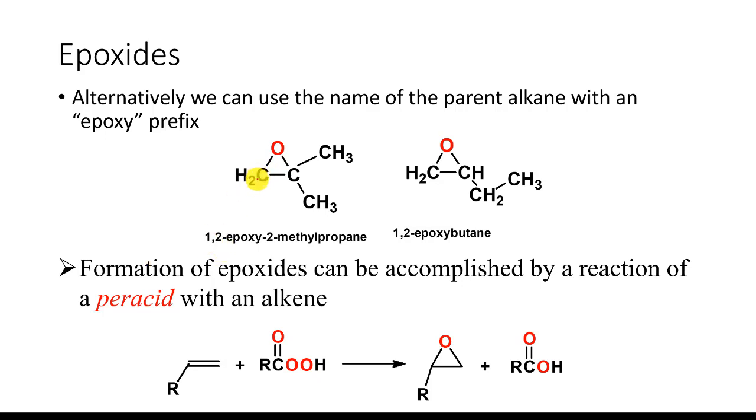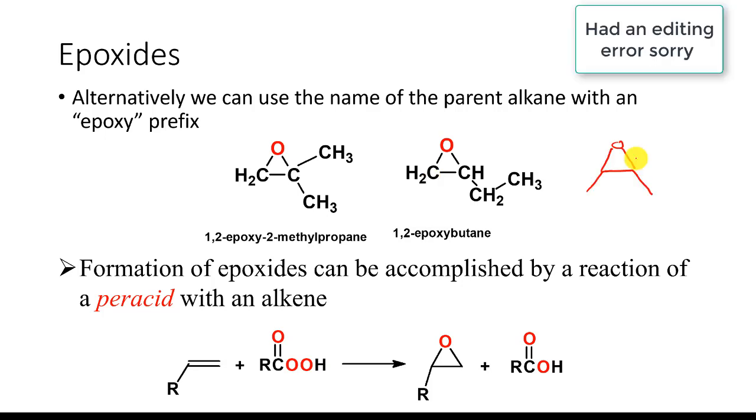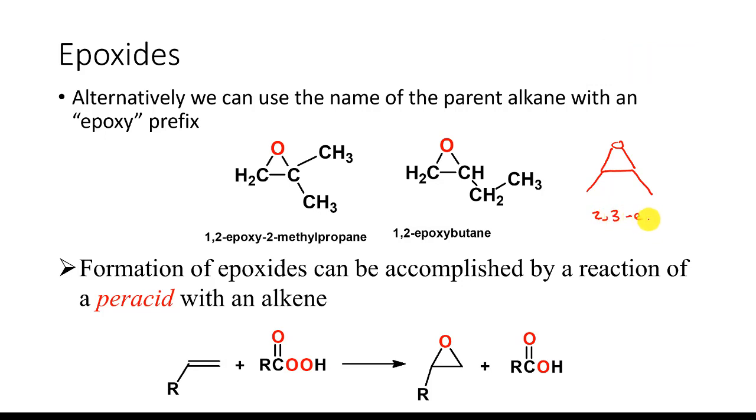So this 1,2-epoxy-2-methylpropane is shown here on the left, and then 1,2-epoxybutane is shown on the right. Then we would call that 2,3-epoxybutane to indicate that it's between the 2 and 3 carbons.